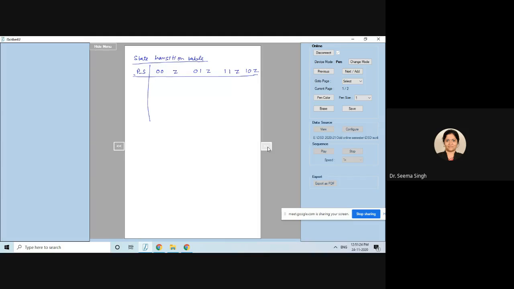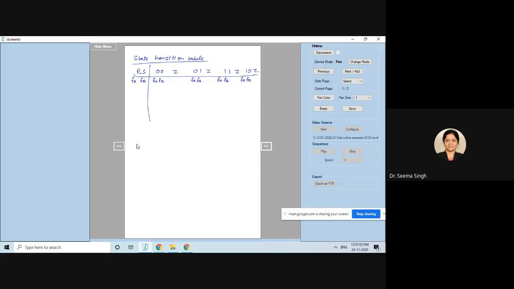Same thing. Now, instead of writing A, B, C, D, I will write it as FA, FB. All of you have to write it as FA, FB.